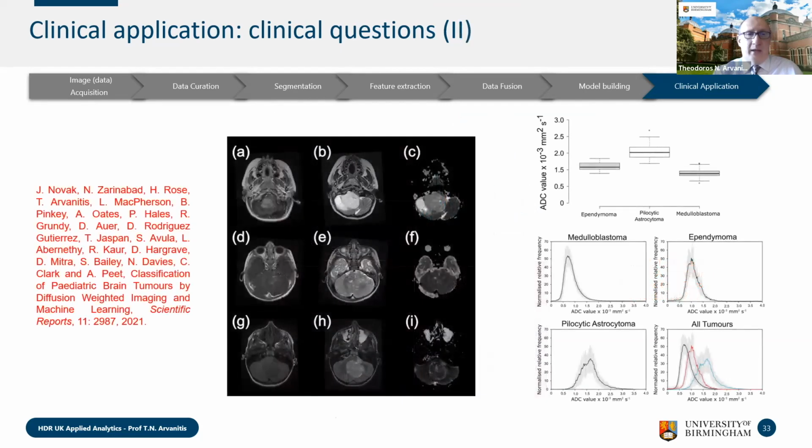And of course, we have seen how we can improve this specific approach, again, using advanced technology. So here is how we use diffusion weighted imaging.